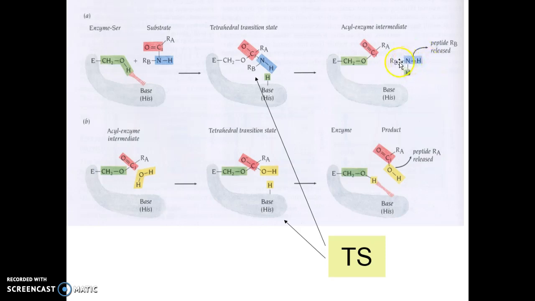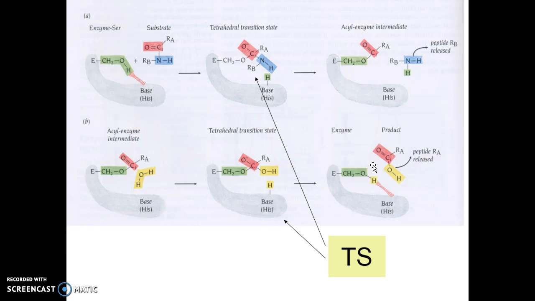Next, one peptide product is attached to the enzyme in the acyl enzyme intermediate, and the other peptide product rapidly diffuses away. The second half at lower bottom is essentially the reverse of the first half. The acyl enzyme intermediate is hydrolyzed by a water molecule to release the second peptide product with a complete carboxy terminus and to restore the serine hydroxyl of the enzyme.